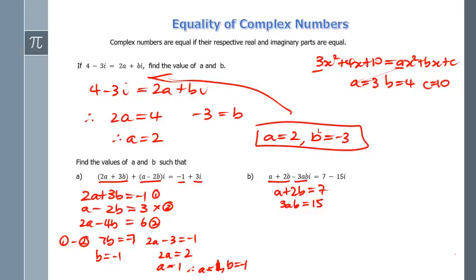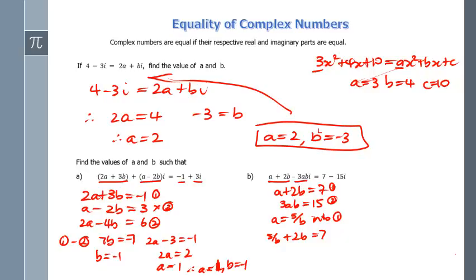Okay, from here let's get a by itself. a equals 5 on b. If we sub that into equation 1, sorry, I should have written 1 and 2, I get 5 on b plus 2b.